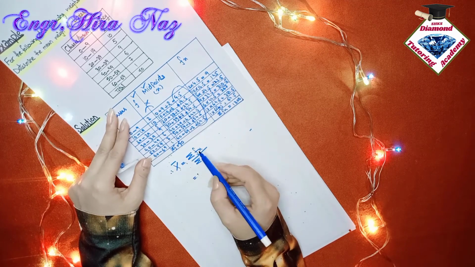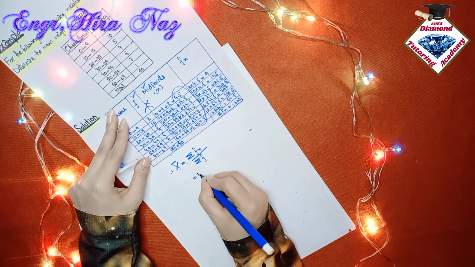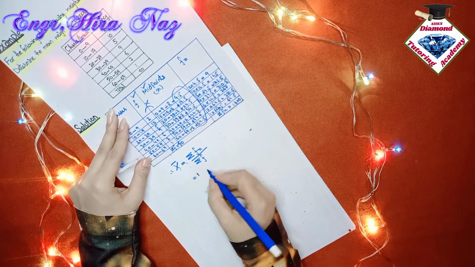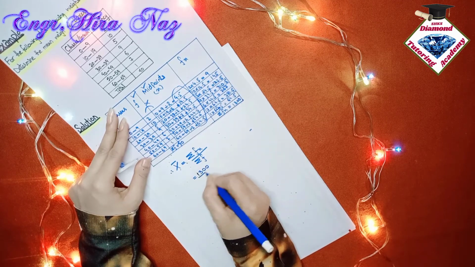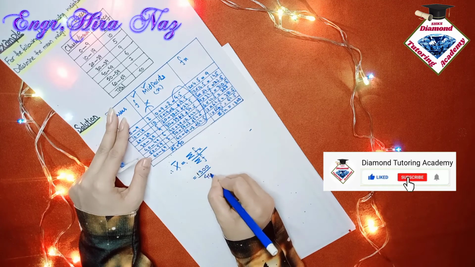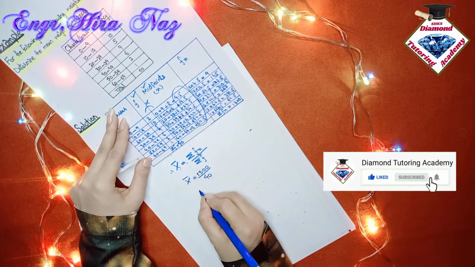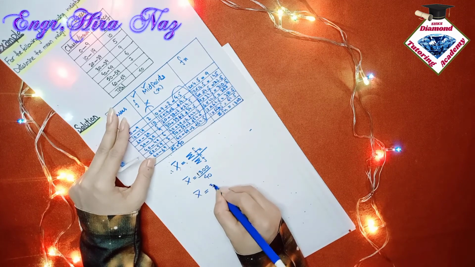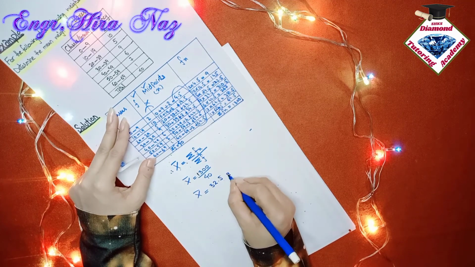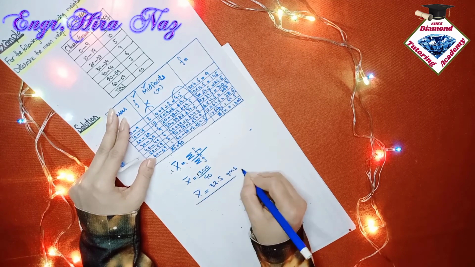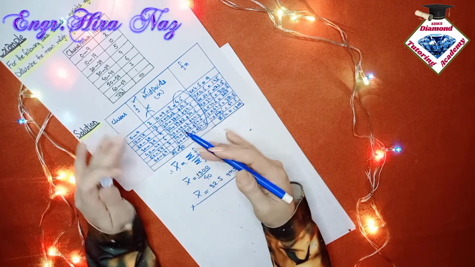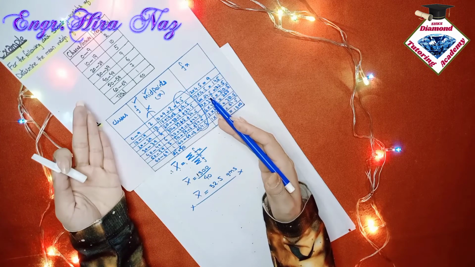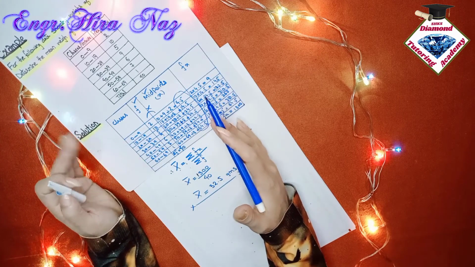So according to this, sum of fx you will have here 1300 and sum of frequencies is 40. So dividing them both, we will get here 32.5 gms as our answer, understand? We don't need to round them off because data is given in continuous intervals, understand?